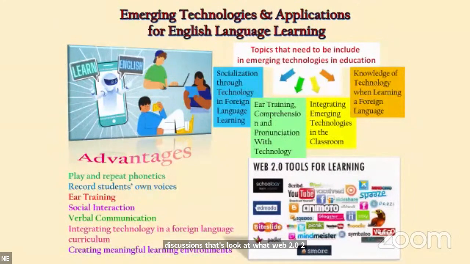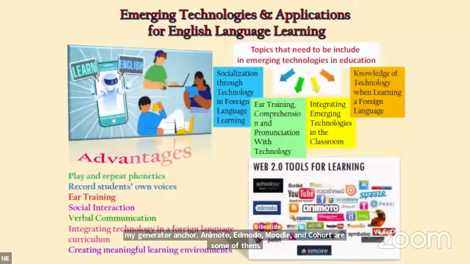AZMI Generator, Anchor, Animoto, Edmodo, Moodle, and Kahoot are some of them. They help to create classroom assignments, presentations, infographics, discussions, LMS capabilities, and to provide faster and more meaningful feedback to students. Hope you have an idea on what Web 2.0 tools are.